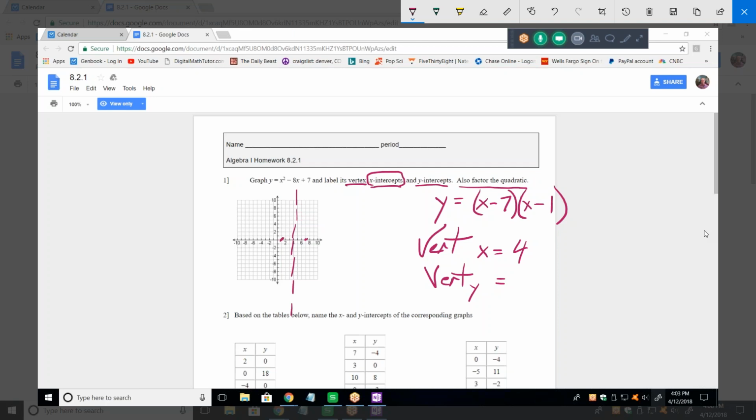All I need to do is know what y is equal to when x equals 4. Remember, the vertex is a single point. So if the x coordinate of the vertex is 4, you plug it in, and you get 16 minus 32 plus 7, which is minus 9.